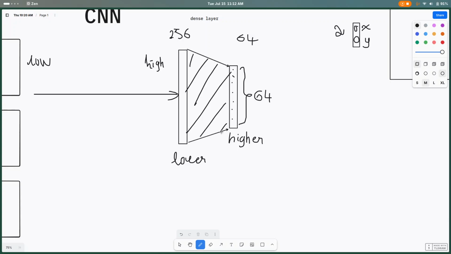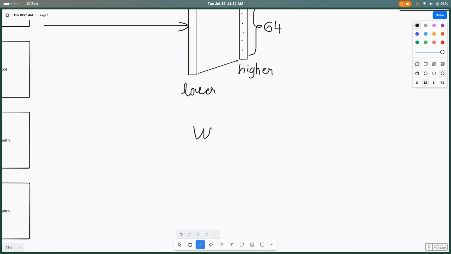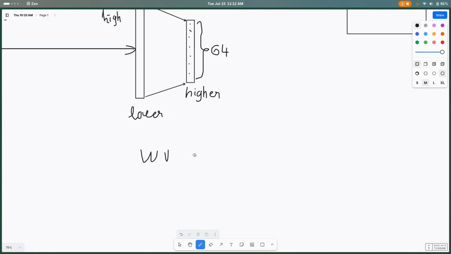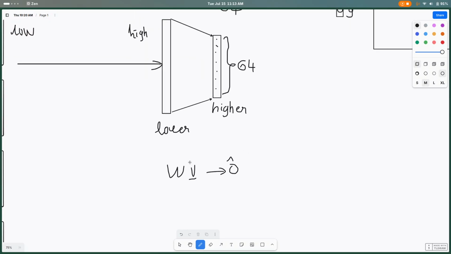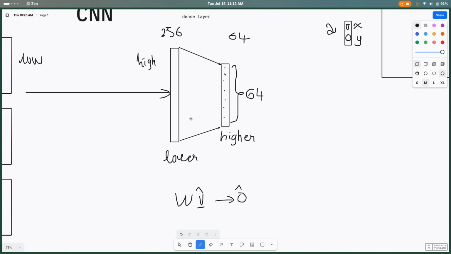So this matrix multiplication, as we learned last time, is a transformation. If you multiply a matrix with a vector, it transforms this vector from this space into a new space that we have here. So this is the output vector, right? It's just a way of transforming one point from one space to another space.